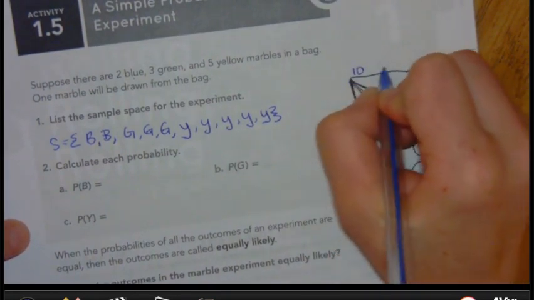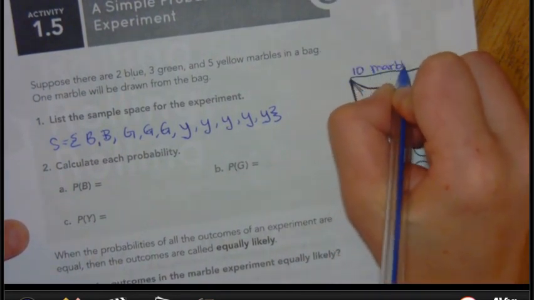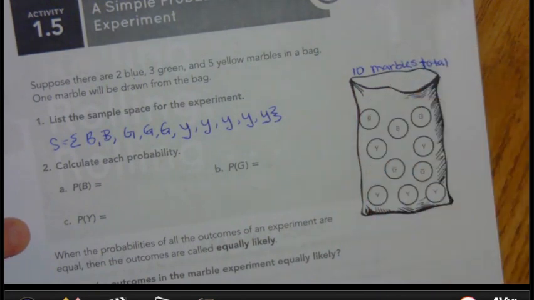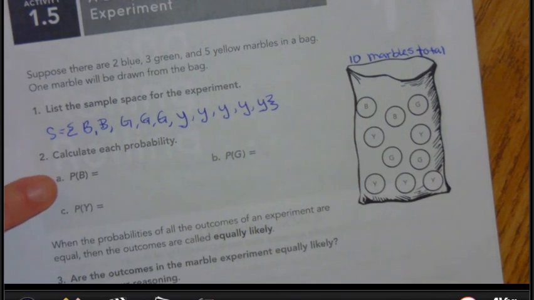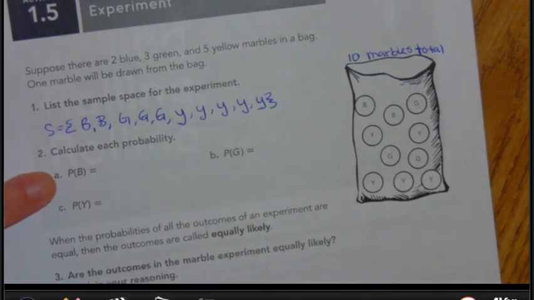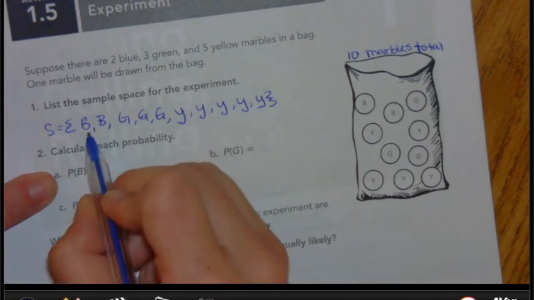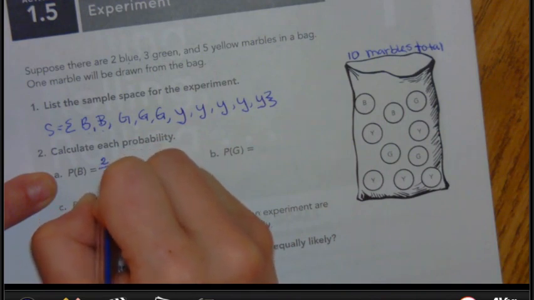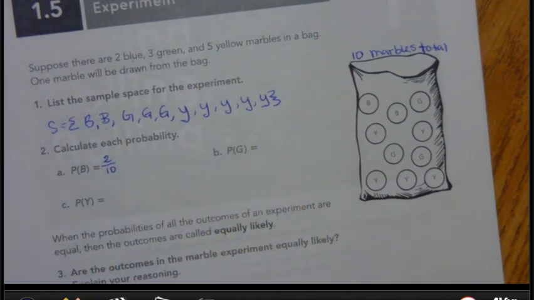Well, I have 10 marbles total inside of my bag. What's the probability that you put your hand in the bag and pull out a blue marble? Well, I see that I have 2 blues out of 10 total. So I have a 2 out of 10 chance to get a blue marble.